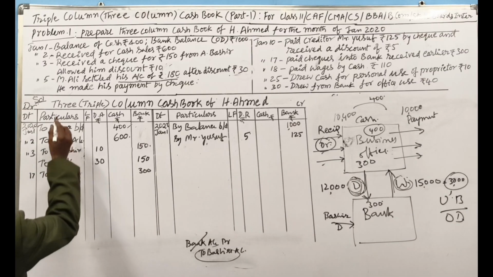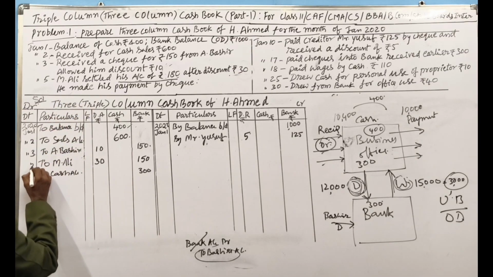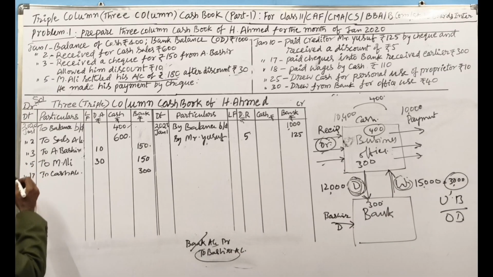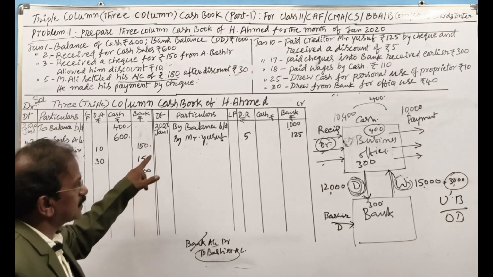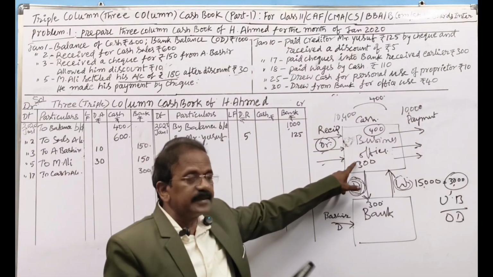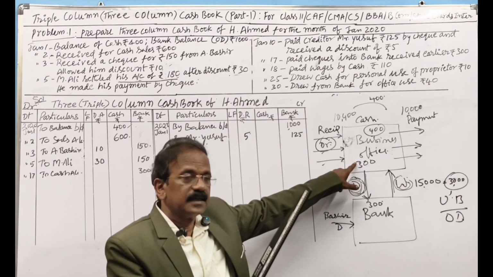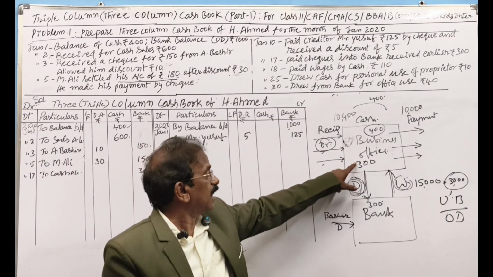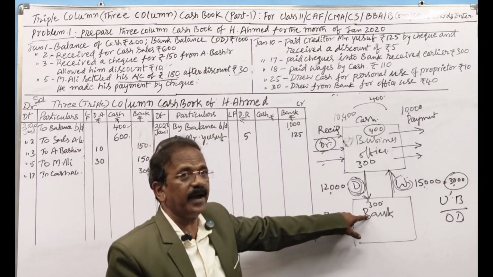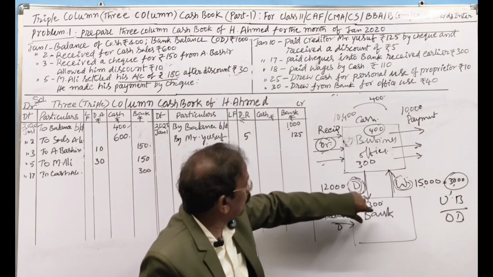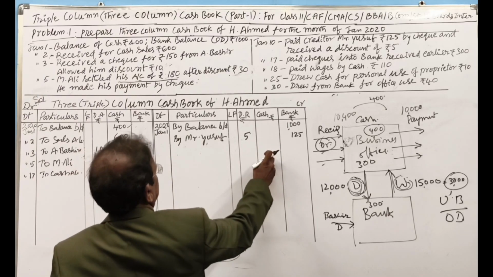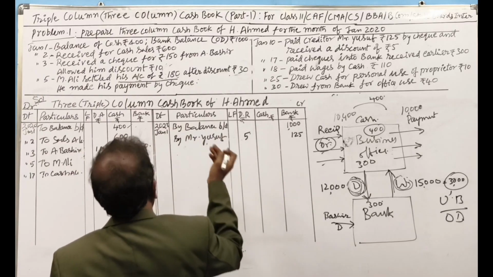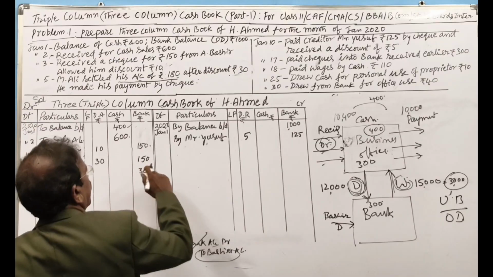The previous date, Ali's date, is 5th. Okay, now since this 300 was treated as cash earlier, and now that cash is going to the bank, since it is going from cash, in the cash column also you should write. Cash is going out and it is being deposited in the bank.